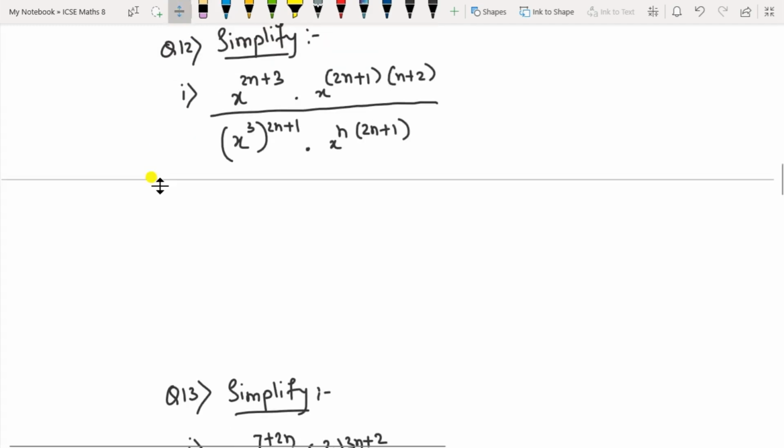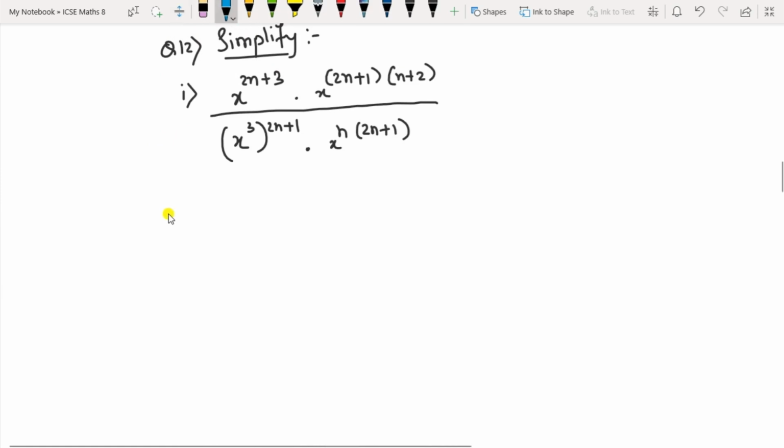So this becomes x raised to 2n plus 3, and this is of the form a plus b and c plus d. So multiply the first term with each of the terms inside the bracket.